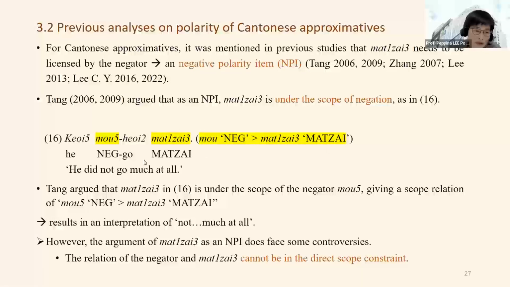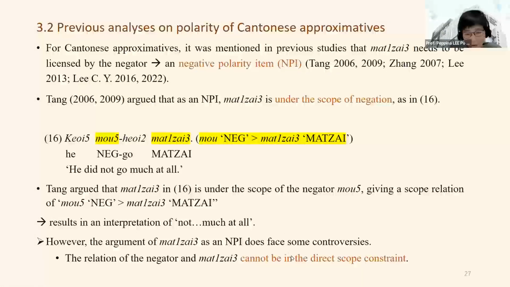The reading derived for 16 is that he did not go much at all. The "did not" comes from mo, and "go much" comes from Mazai. According to him, this must be the only reading of 16, and it is the result of this syntactic relation.